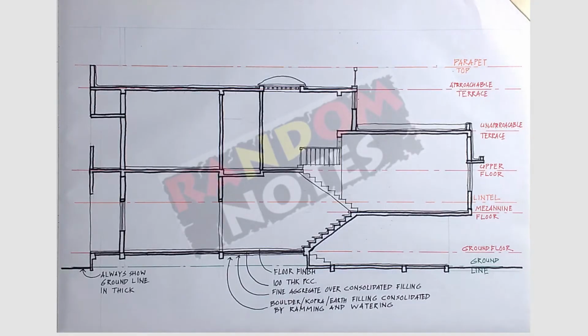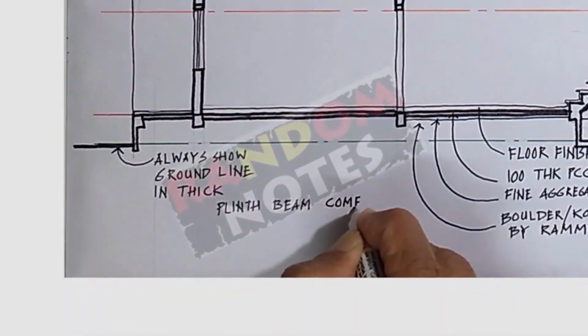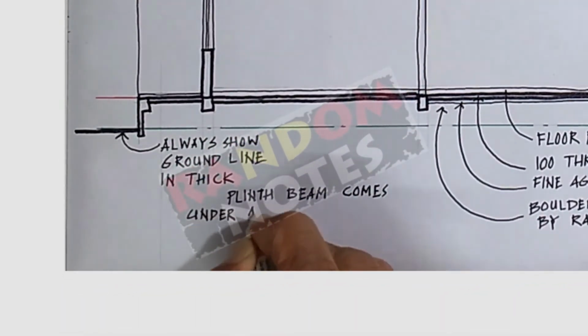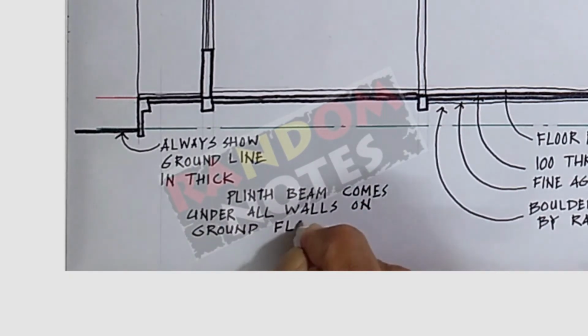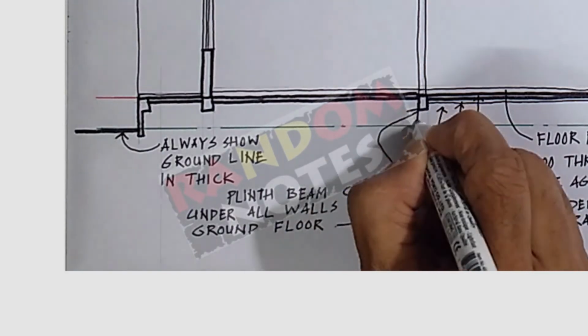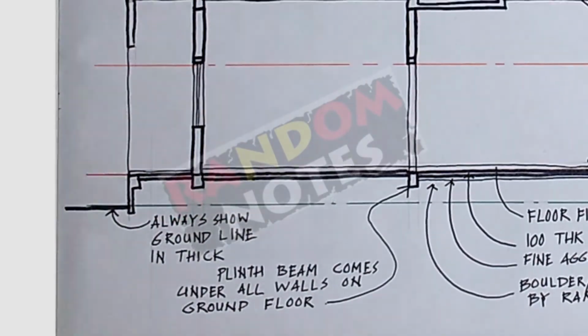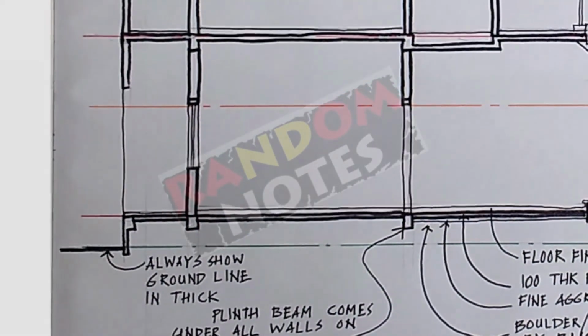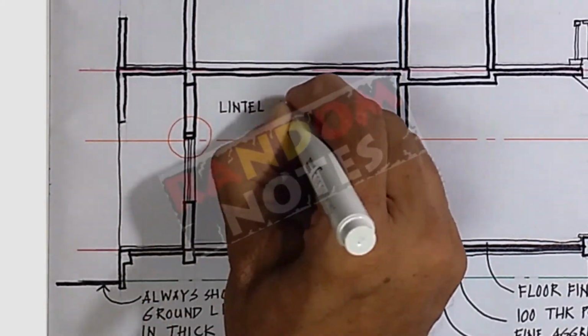The plinth beam comes under all the walls on the ground floor. Lintel is shown above all openings, getting cut in section.